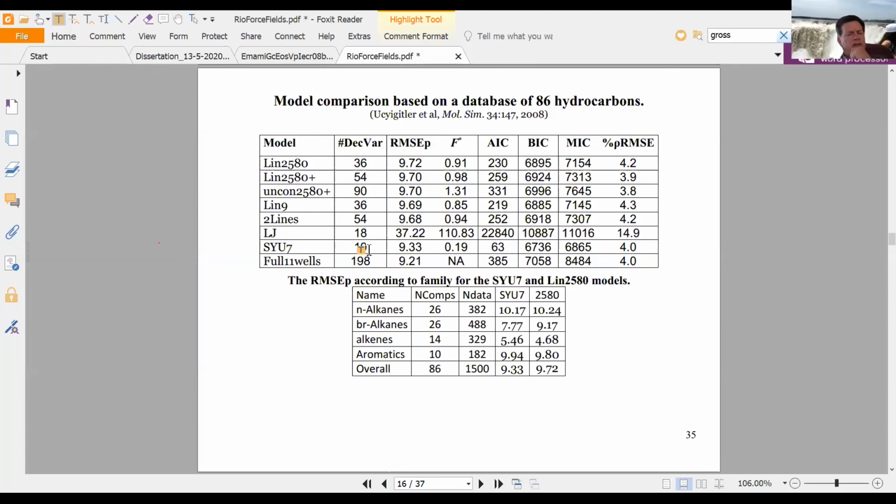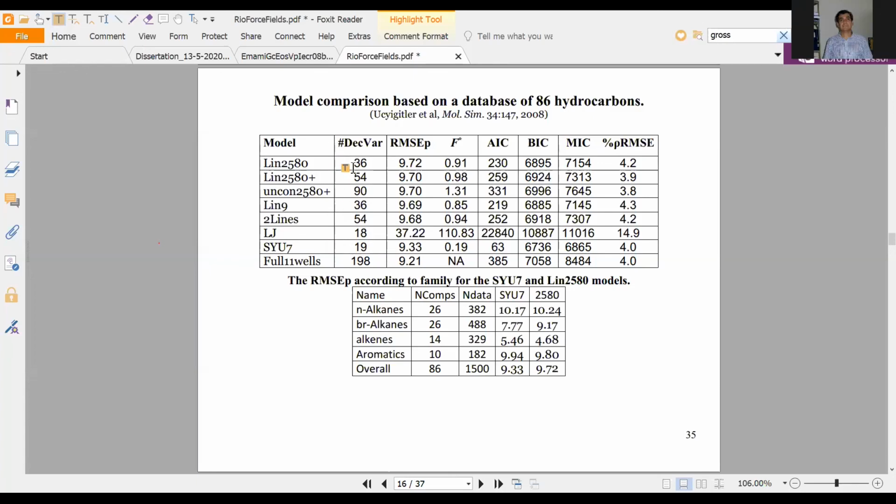I don't know why it's double. Oh, okay, because I used the same sigmas for everything, and so I didn't count sigma in this decision variable. So this is just looking at the characterization of the attractive potential. And so the 2580 model has an inner well and an outer well, and the step Yukawa does not.